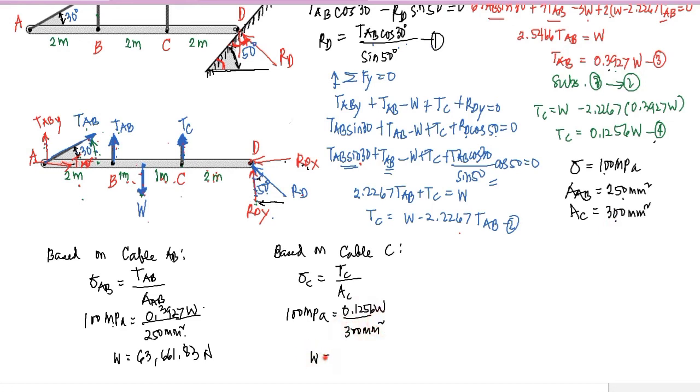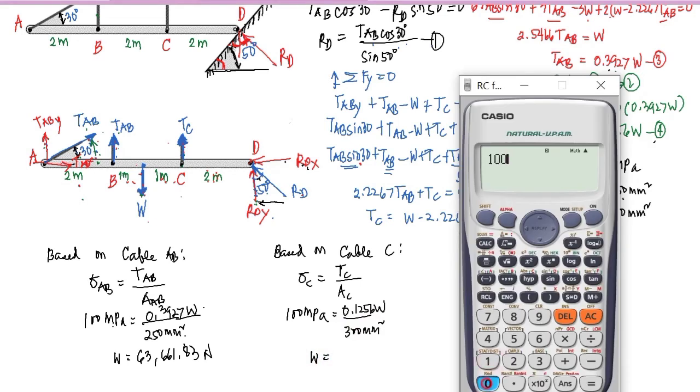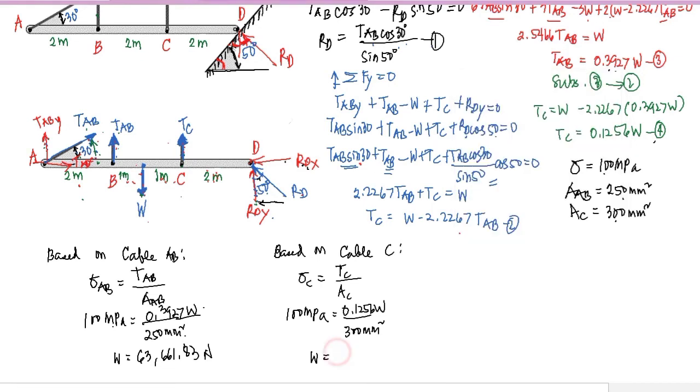So solving for the value of W, we have 100 is equal to 0.1256 W, palitan natin ng X, over 300. Shift solve equals, and that would give us 238,853.5 Newton.